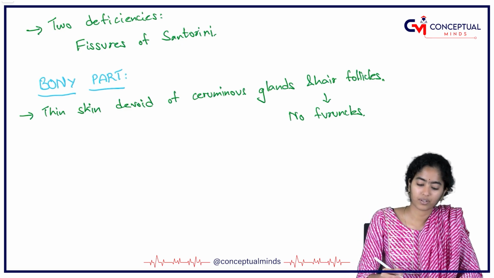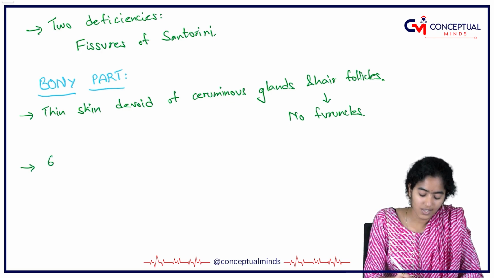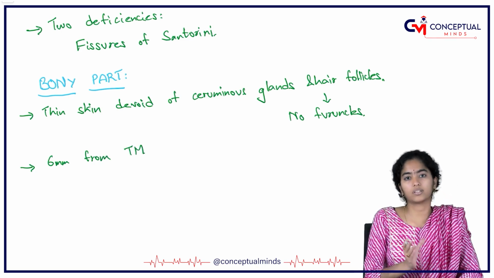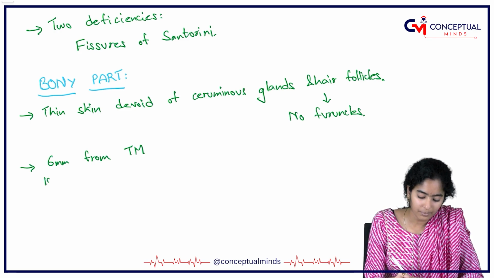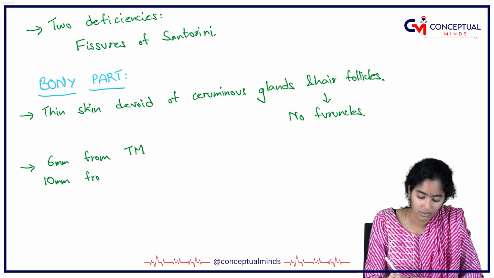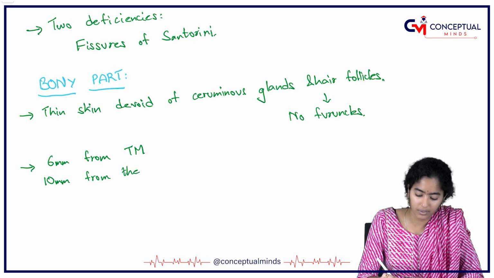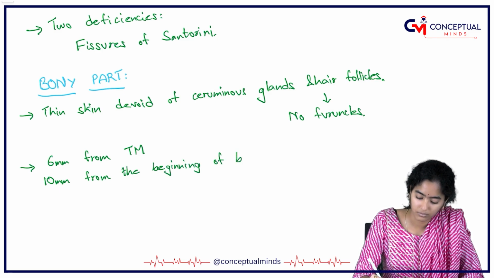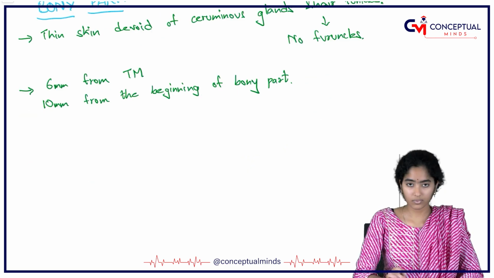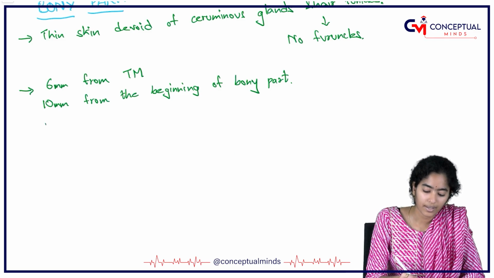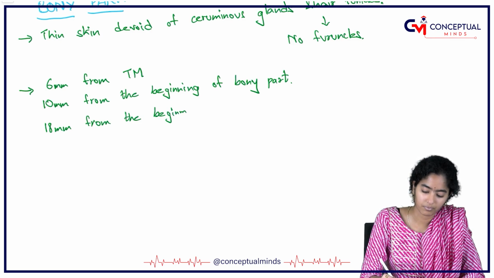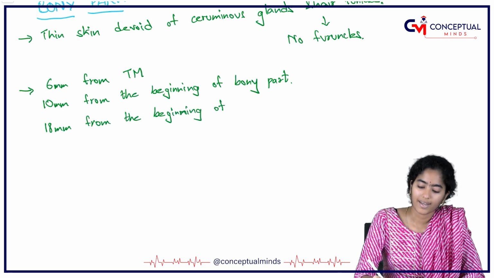Now here, at about 6 millimeters from the tympanic membrane, or if I can put it in another way, 10 millimeters from the beginning of the bony part, or 18 millimeters from the beginning of the external auditory canal.